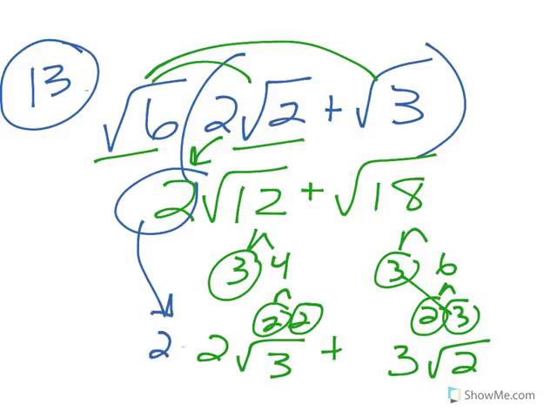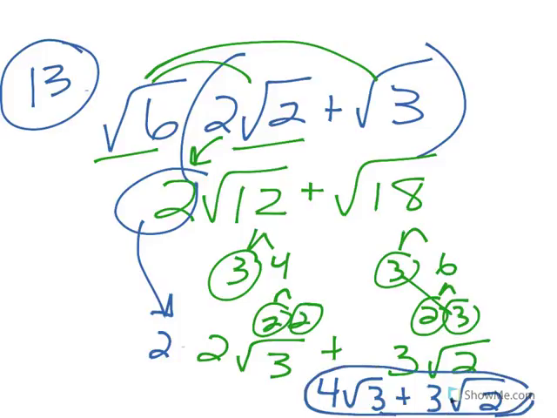Okay, so now I have 4 square roots of 3 plus 3 square roots of 2. And I cannot add those together because they have different radicals. So this is different. So when you multiply first, and then you go back and simplify at the end. When you're adding or subtracting, you simplify first to make them the same.